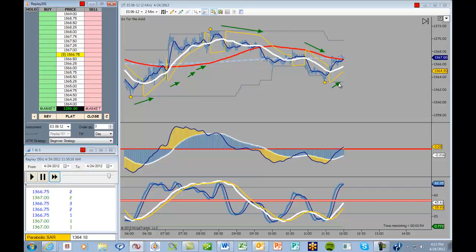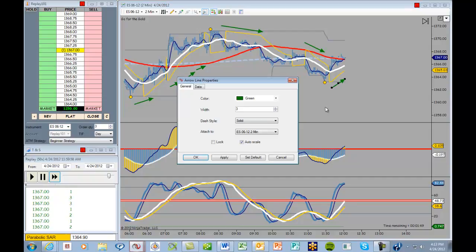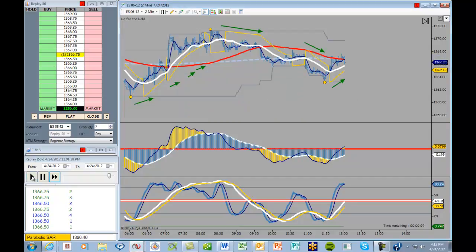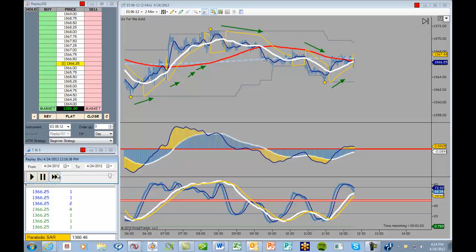Looking good. Okay, well, we'll look for this to turn around and we'll get another shot at going higher.